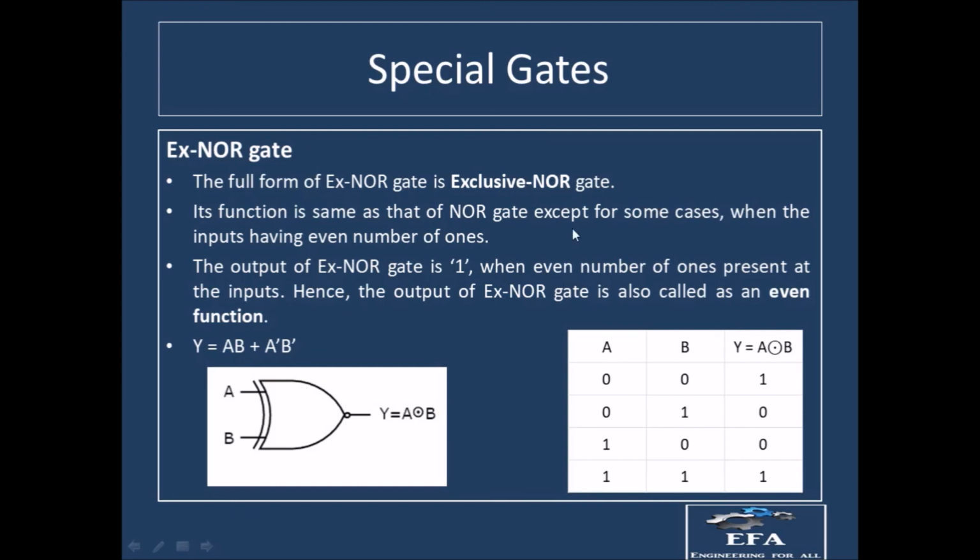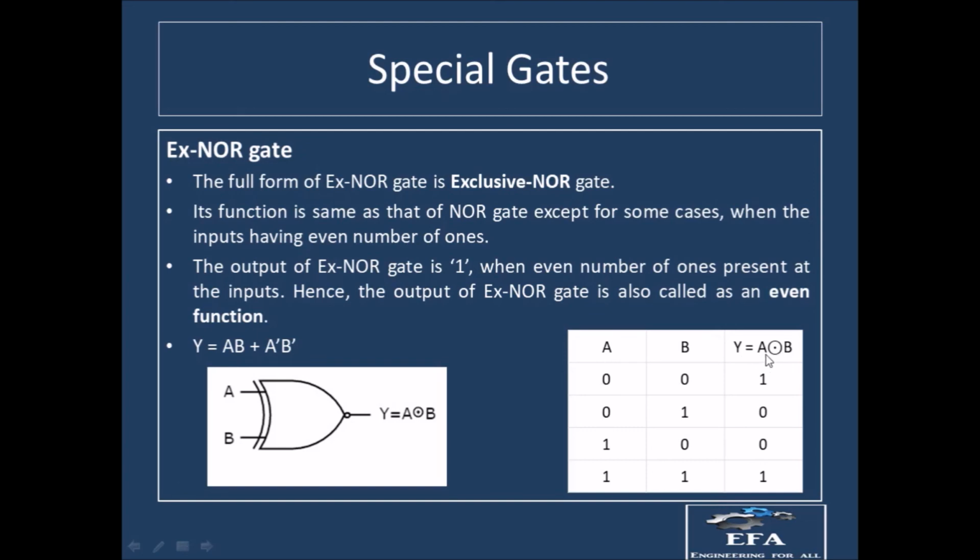This type of gate is known as the exclusive NOR because there is a special case in this type of gate, which is different from that of the NOR gate. You can see we have A and B as the inputs and Y as the output.